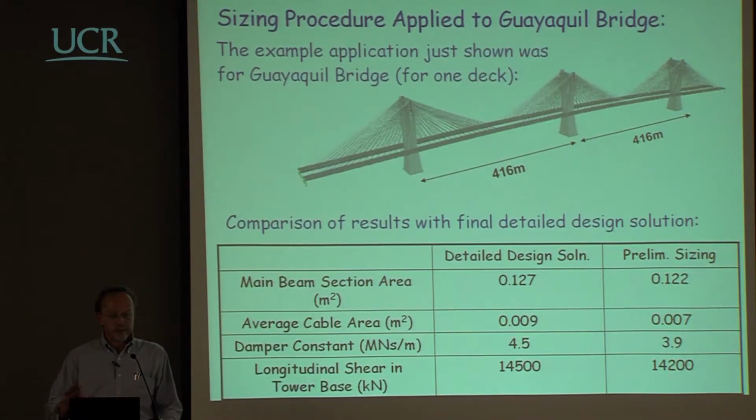So the example that I was giving in simple steps is actually the preliminary design of a real bridge of approximately that span length. It is a bridge which has not yet been built, that I designed not a long time ago, and you can see a comparison of what were the figures that were coming out from the preliminary sizing, and what were the figures after going through thousands of nonlinear analyses of a structure that was known.